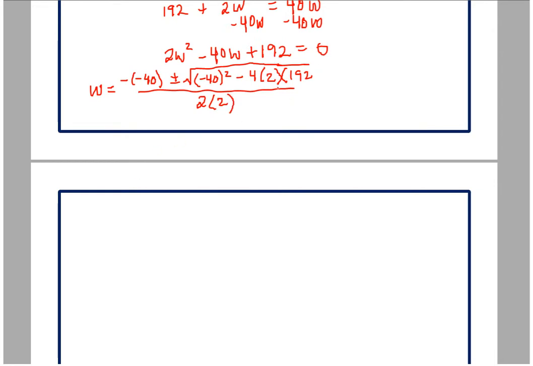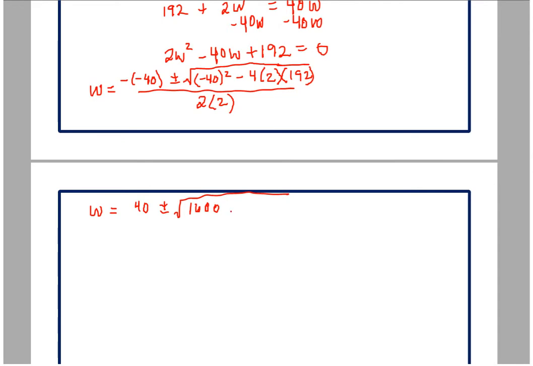Now let's simplify. We're going to do our exponent first. So we have a negative of a negative 40, which is positive 40, plus or minus the square root of negative 40 squared, which is negative 40 times negative 40, is 1600.